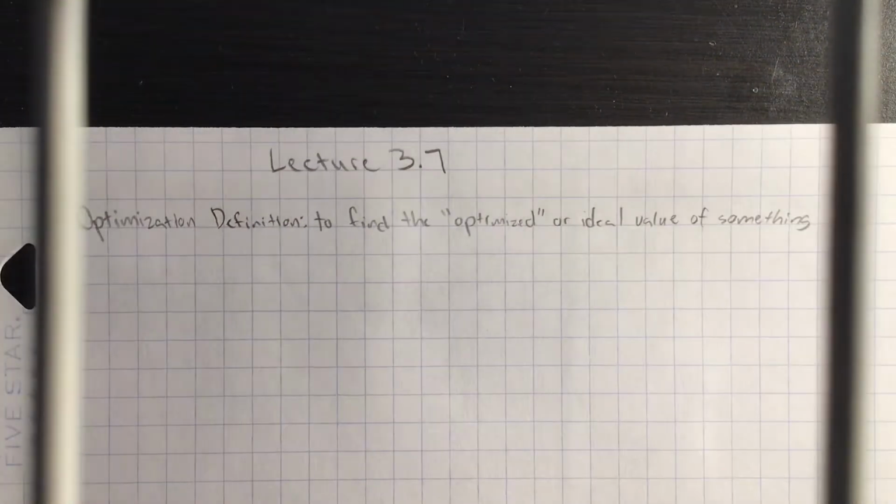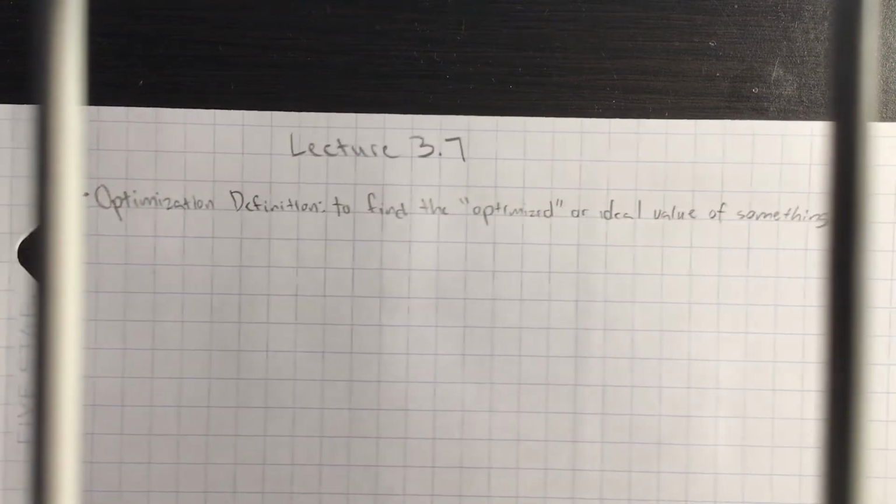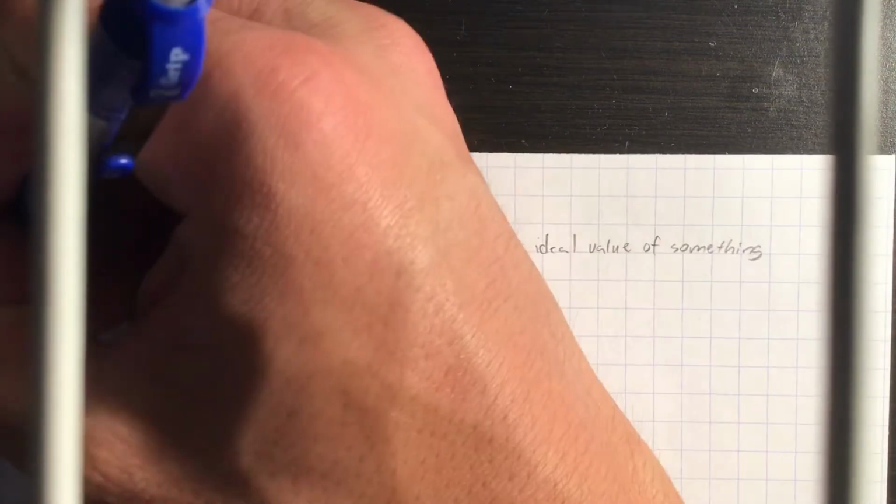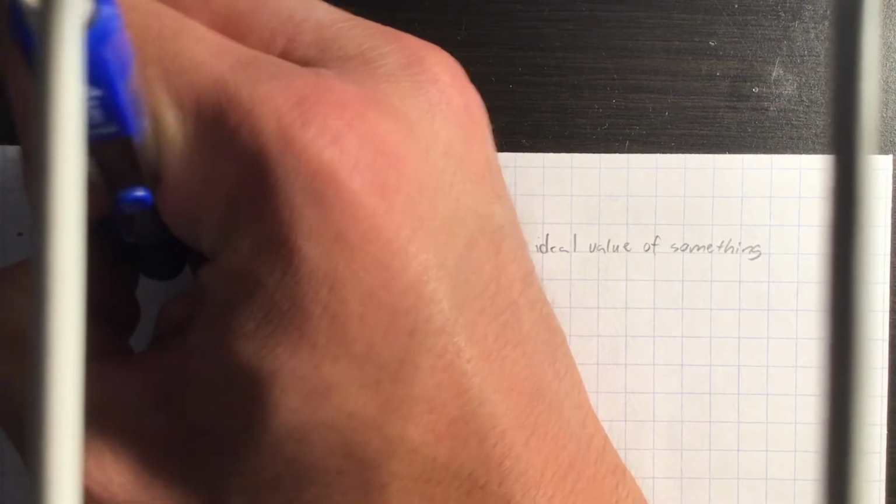So, as we discussed, the definition of optimization by the book is to find the optimized or ideal value of something. So, pretty simple.